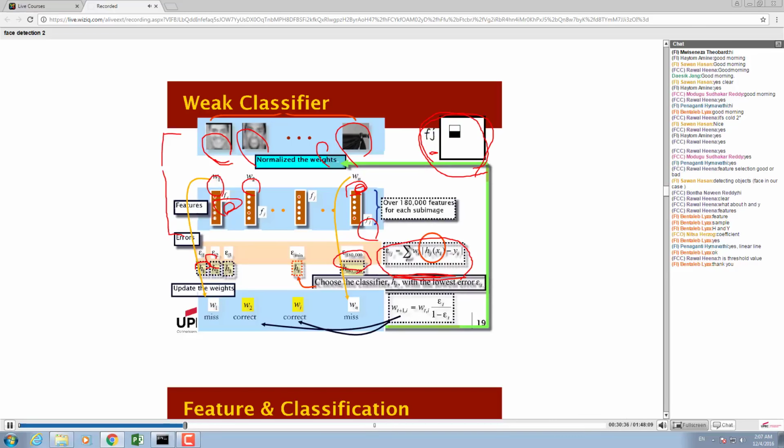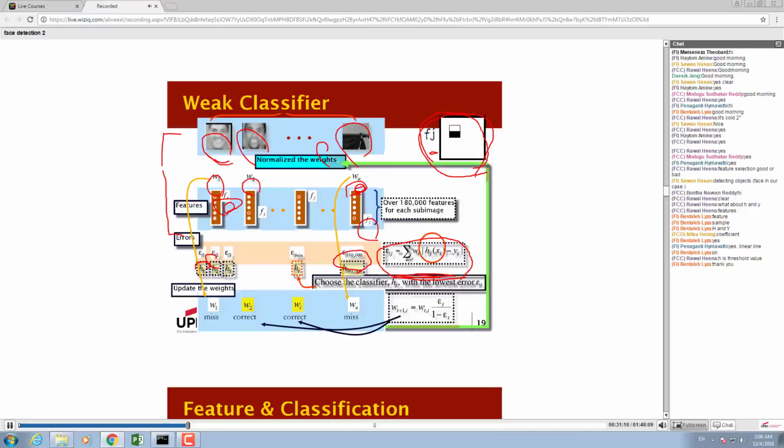Once we calculate all these errors, it may take some time, right? It is an iteration from number 1 to 180,000. Once we have all these numbers, we will select the minimum one. In terms of error, if we have the minimum error, that is the best case, the best feature.